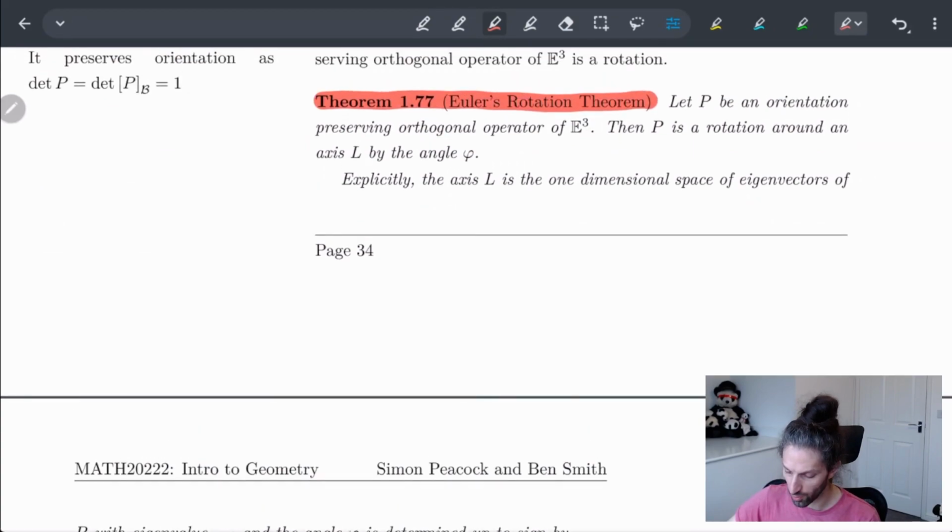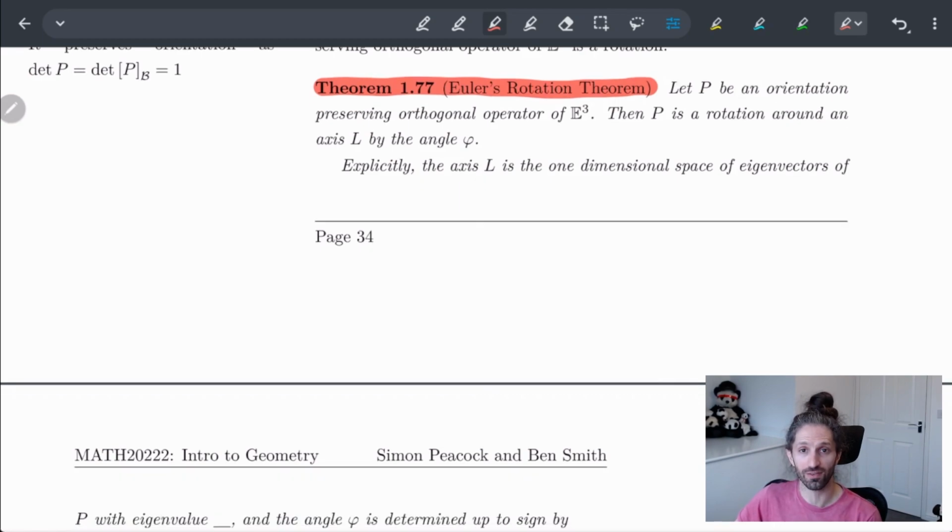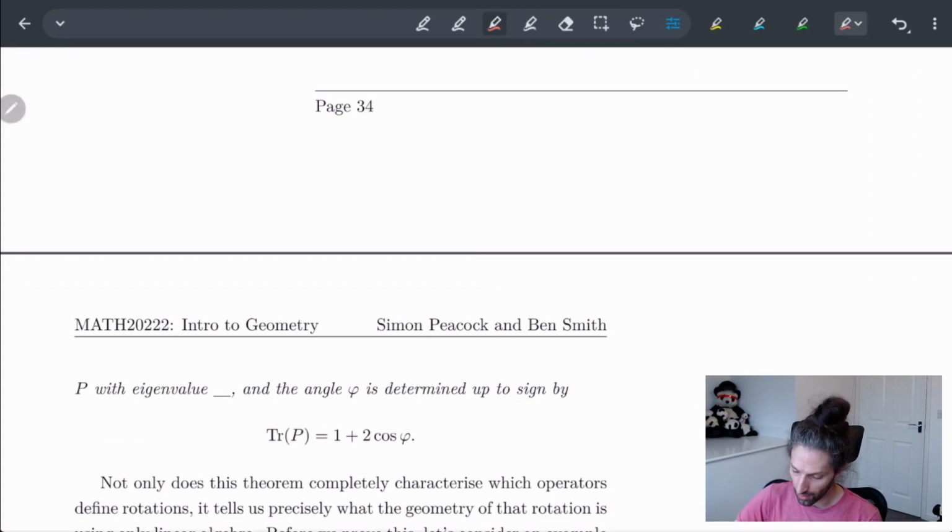In more explicit detail, we let P be an orientation preserving orthogonal operator. Then P is a rotation around an axis L. We don't know what it is, but we know there exists some axis L, by the angle phi. And more explicitly, the axis L is the one-dimensional space of eigenvectors of P with eigenvalue 1. We saw this last time.